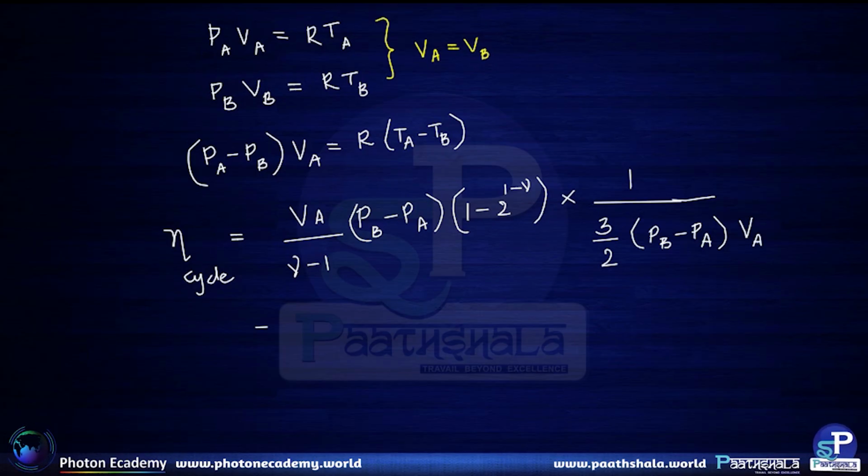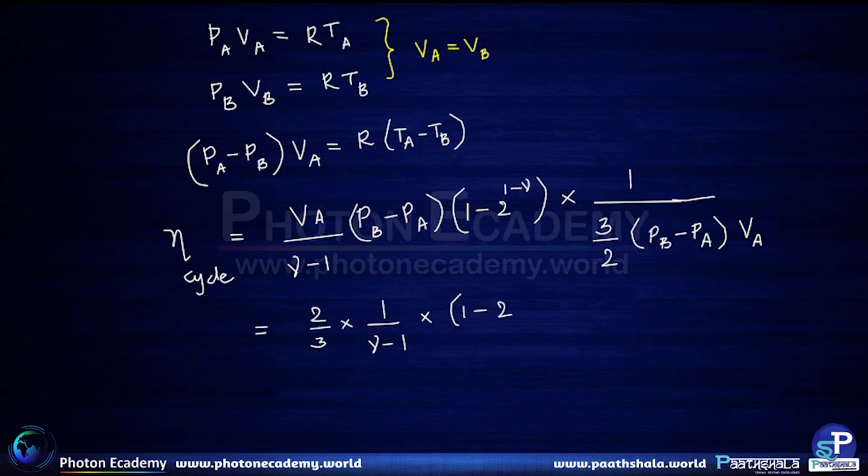So finally this is going to become 2 by 3 into 1 by gamma minus 1 into 1 minus 2 power 1 minus gamma. In the question, gamma is given as 5 by 3. So let's substitute the value of gamma as 5 by 3.